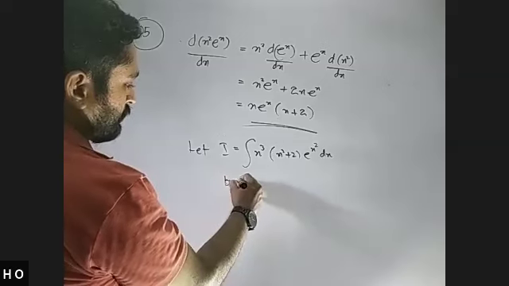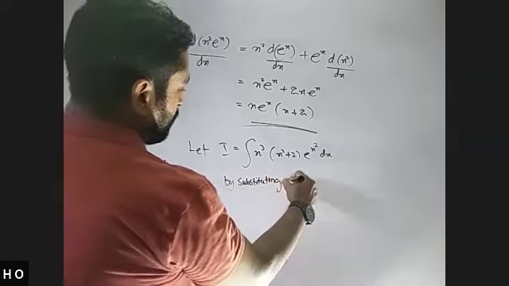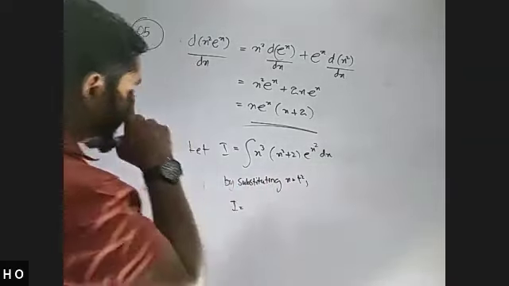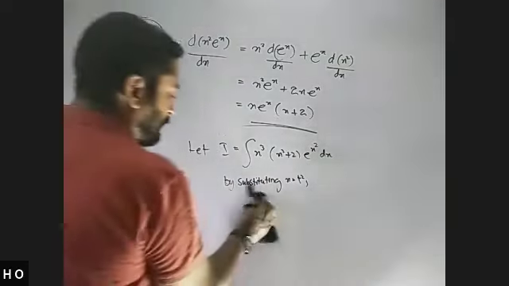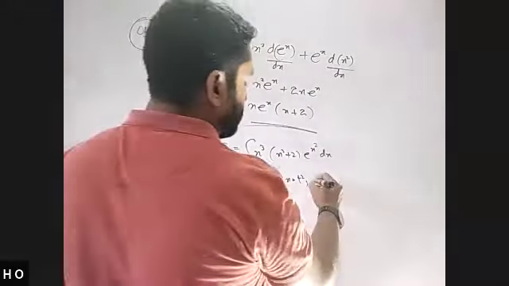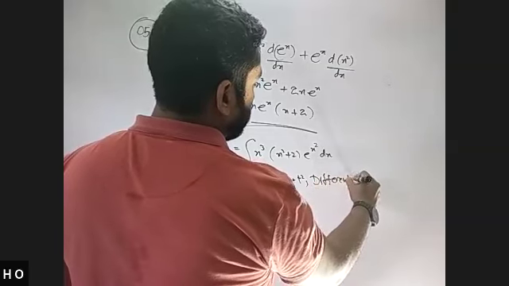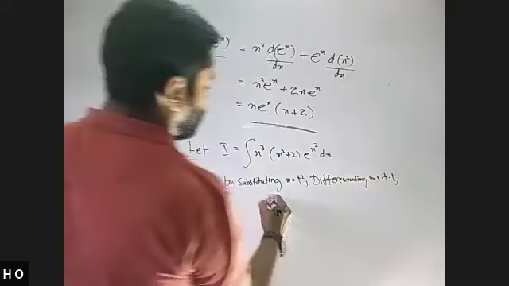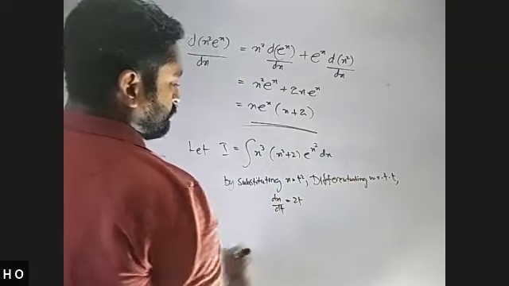So let us say x equals t squared. By substituting x equals t squared, I is going to change. In particular, you don't have limits, so the integrating variable is x equals t squared, and differentiating with respect to t, dx by dt equals 2t.